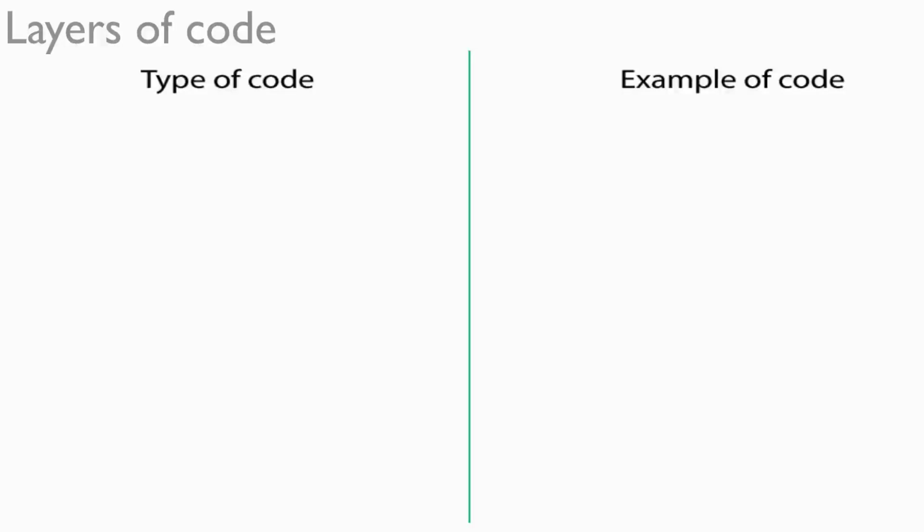All right, so let's take a look at this in an organized fashion. We're going to look at the different types of code here in one column. We're also going to look at examples of those types of code, or the popular languages that we see in use quite often.